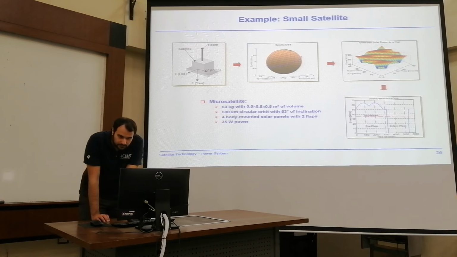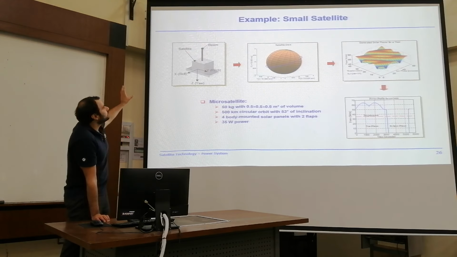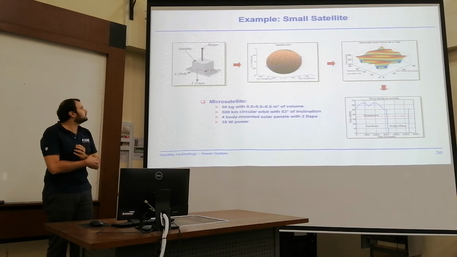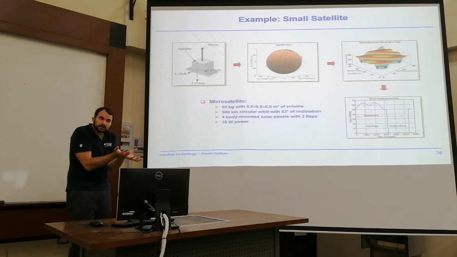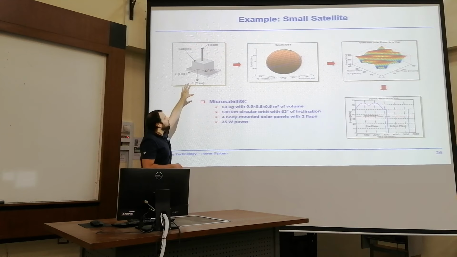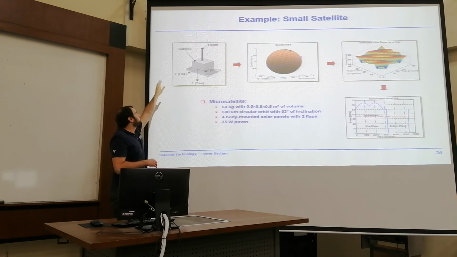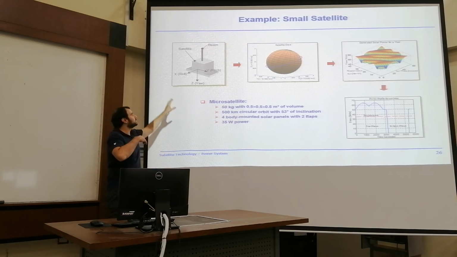And to conclude for today, we have an example of a small satellite. Imagine you have the structure of your satellite, you define it, you have your 50 kilogram satellite, volume of a small refrigerator, with different solar panels, 4 body mounted.